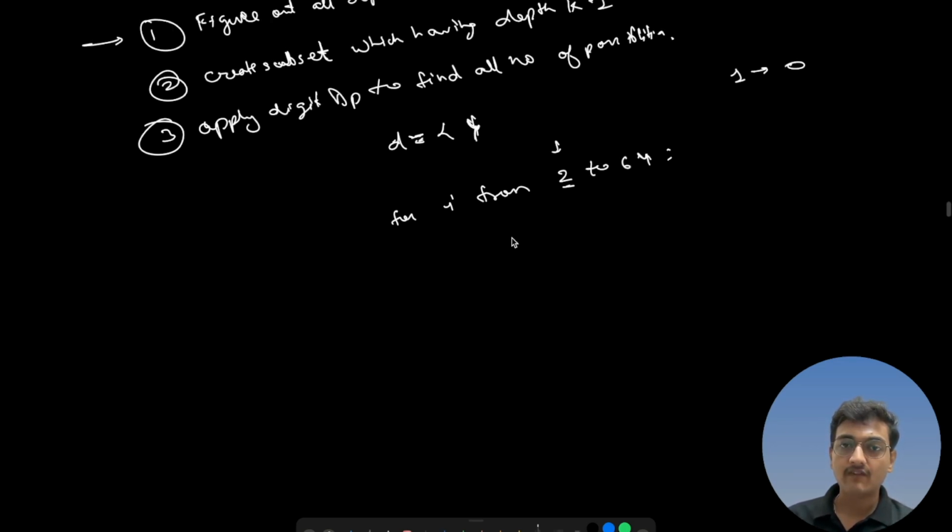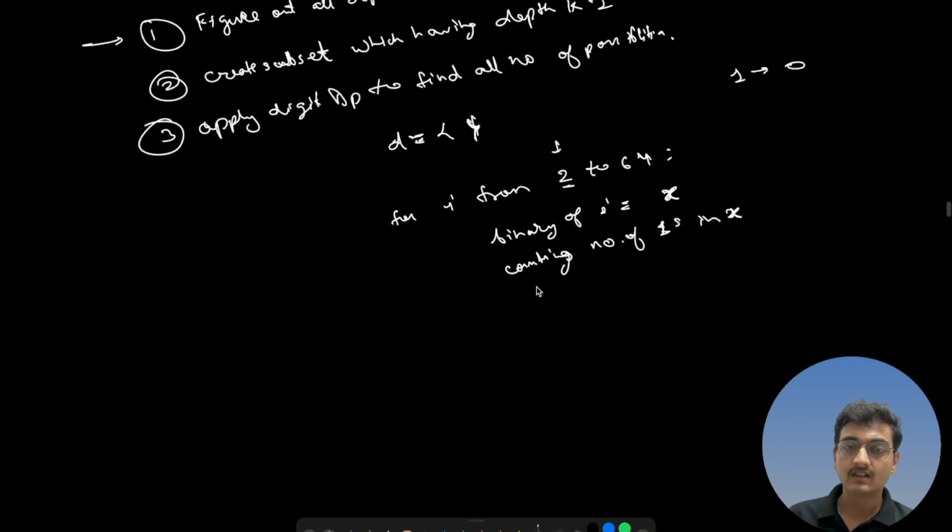So I will be calculating the binary of I, let's say it's x. I will be counting the number of ones in x, and that number will definitely be less than I. Let's say I'm at 10, and I calculate the number of ones.